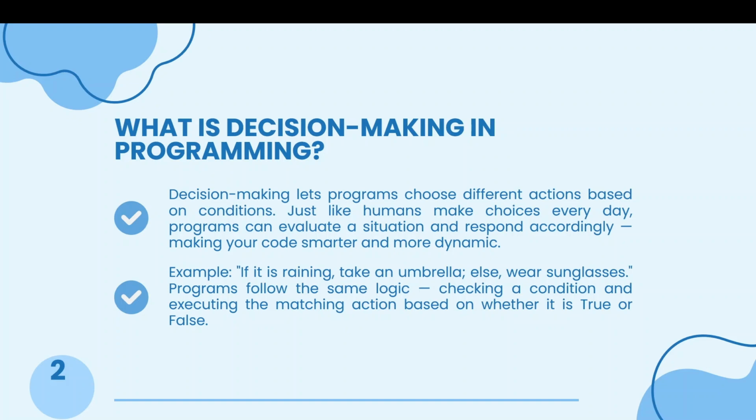Here it is written how human beings choose their everyday decisions and evaluate their situation, what they are going to do today and what is really going to be better for them. And then it says making your code smarter and more dynamic. What happens if we put our decision making ability into our programming languages by using code? So let's talk more about it.